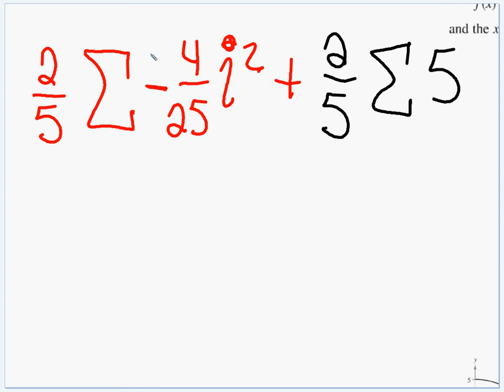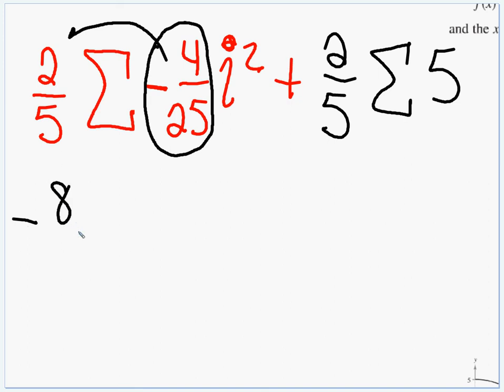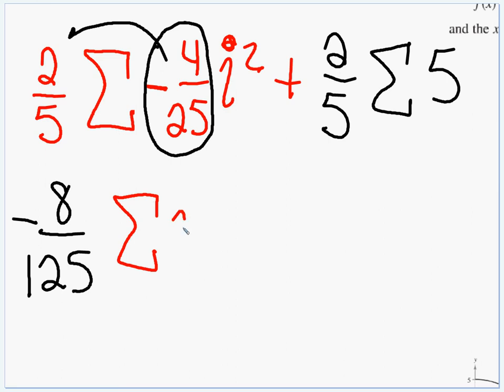So here on this one, we can factor the negative 4/25 out with that 2/5. So that is going to be numerator times numerator, -8 over 5 times 25, 125. And now we have, let me switch back to red ink, the summation of just I squared. We have a formula to take care of that.